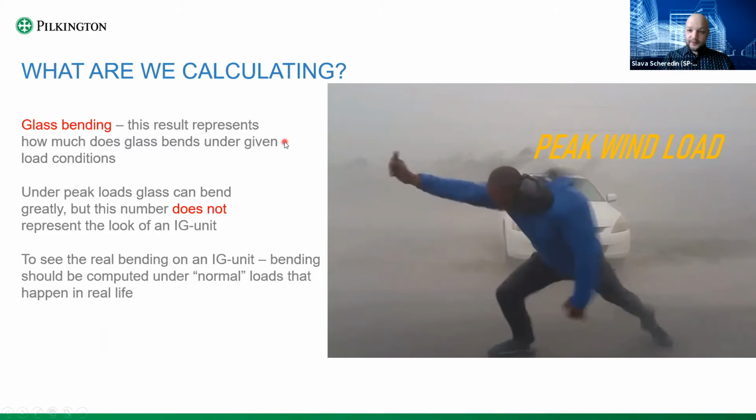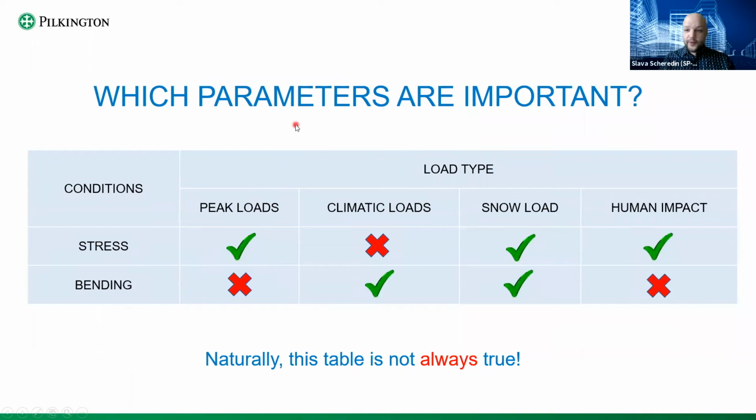And for that, I've made a very simple table showing which parameter you should be looking at when you're seeing a calculation for each specific glass combination.